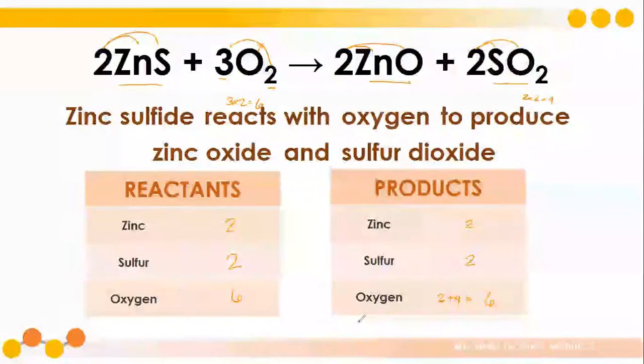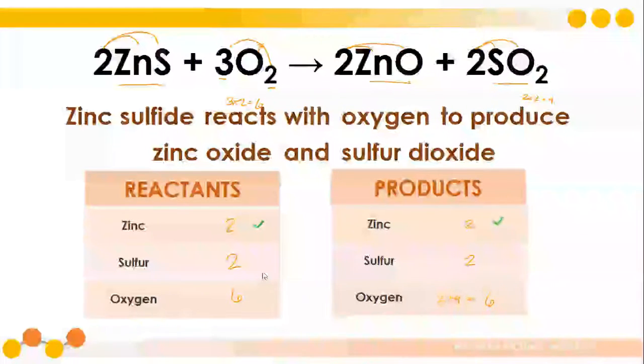Let's now check if it's balanced or not. For zinc, you have 2 zinc on the reactant side and 2 zinc on the product side, so this one is balanced.